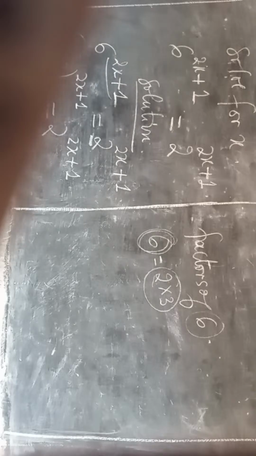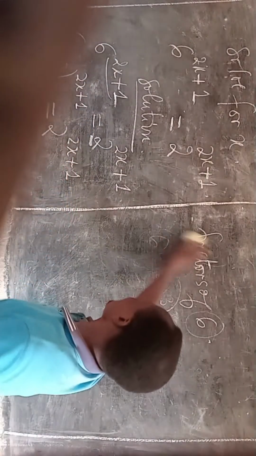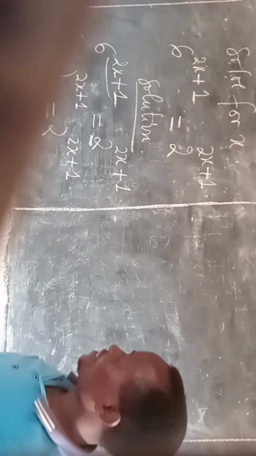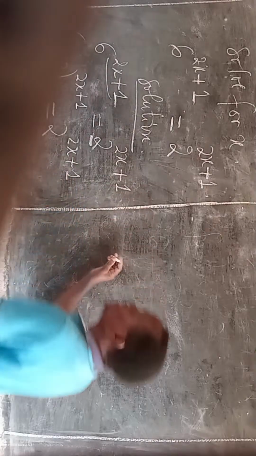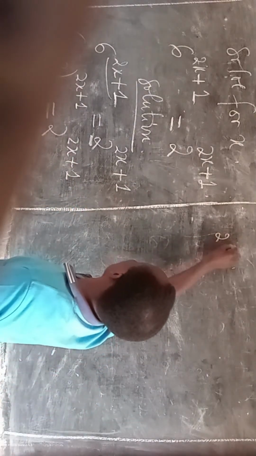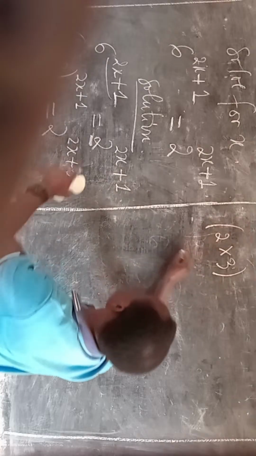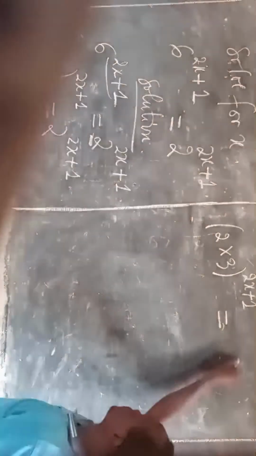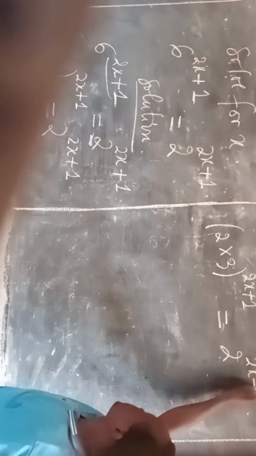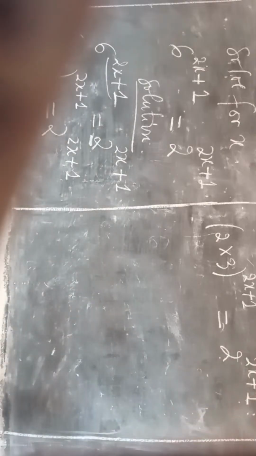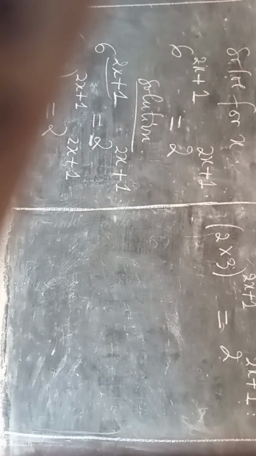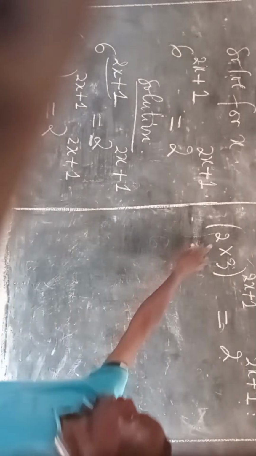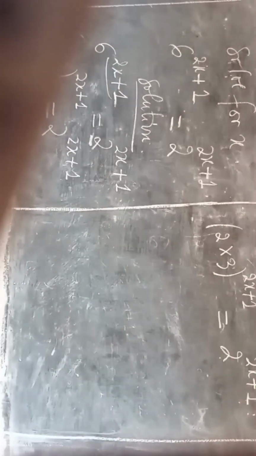Now let us continue. Let us write our equation: 2 times 3 power 2x plus 1 equals 2 power 2x plus 1. Now we need to separate those 2 factors with their base.